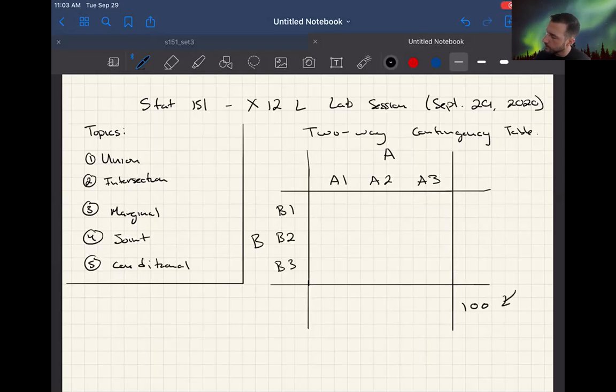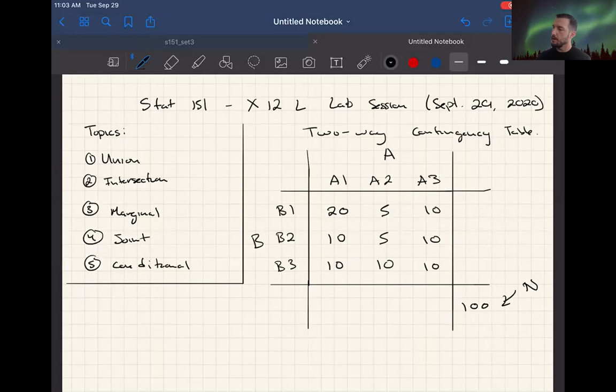Notice that this 100 here is our capital N. If you recall from your lectures, capital N represents the size of the sample space. So let's say here we have 20, here we have 10, here we have 10, that's 40, here we have 5, here we have 5, here we have 10, that's 60, and then I need another 30, so we'll go 10, 10, 10. We'll try and keep the numbers nice and even.